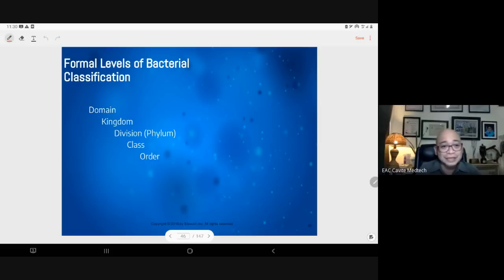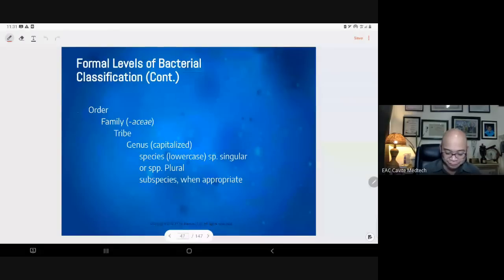First, we classify them according to domain, and then kingdom, then division, class, and then order. After the order, we will now be classifying them according to family. And how would you know if we're talking already about family?